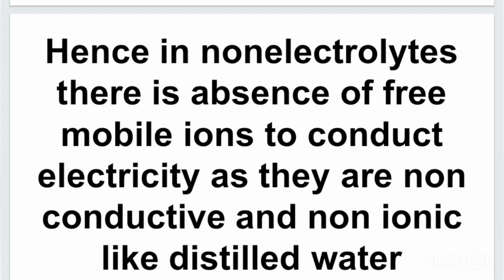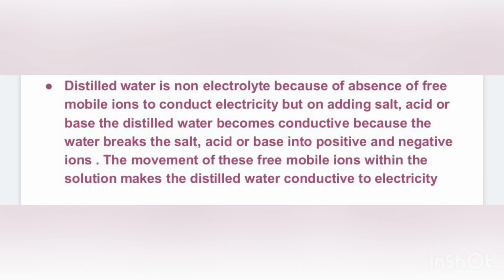We have an example over here. We studied earlier the example of distilled water. Distilled water is said to be a non-electrolyte because it is non-conductive, non-ionic, and there is absence of free mobile ions. But to make it conducting, or to make it an electrolyte, what we can do is add a pinch of sodium chloride, that means any salt, or a few drops of any acid or base into it.